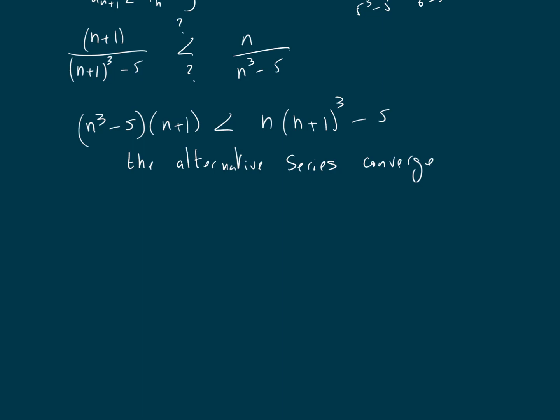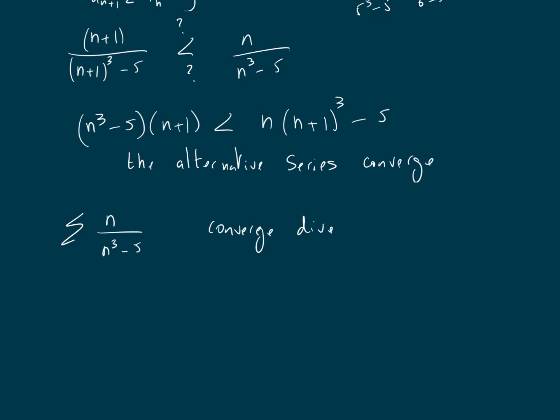So the alternating series, we said, converges. Now the other one is n divided by n cubed minus 5. So does this series converge or diverge?